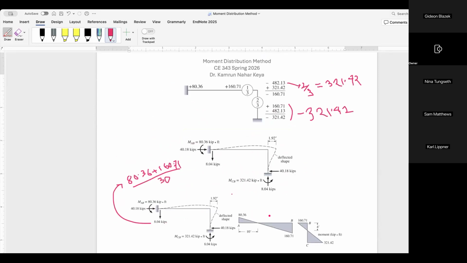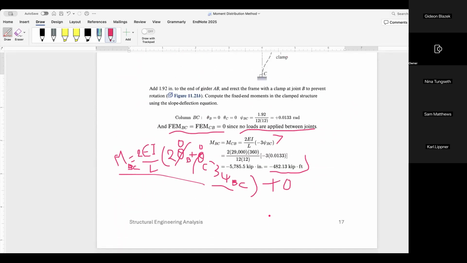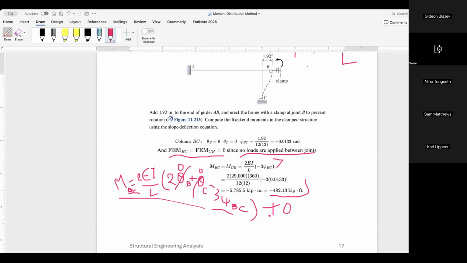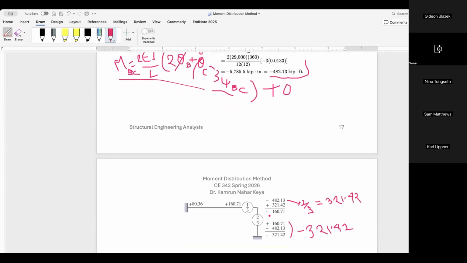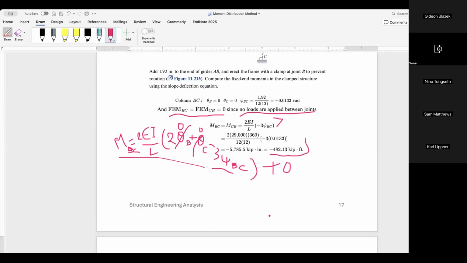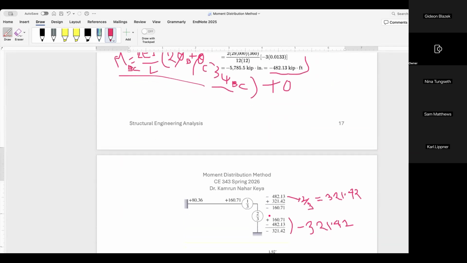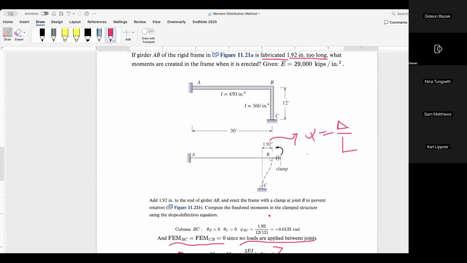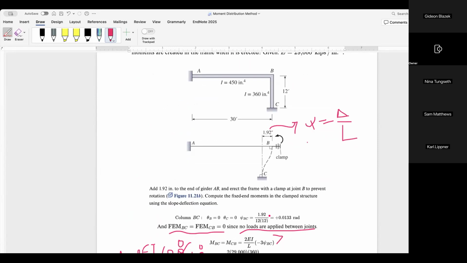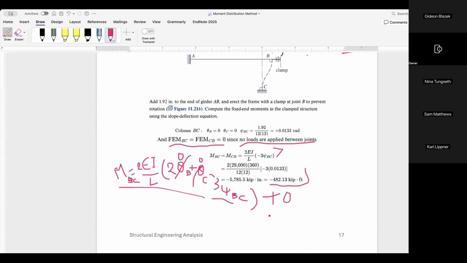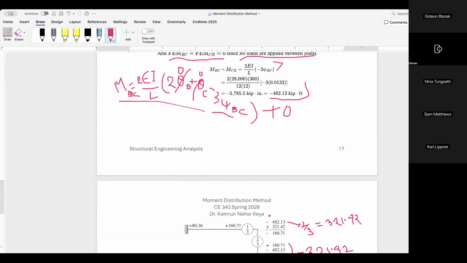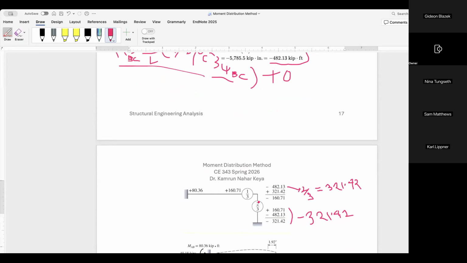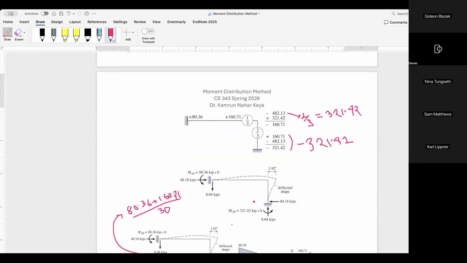And here distribution factor. Wow, I didn't add that. So again, you can compute the distribution factor the same way we did before. And then I will add it at the end of the class, then you will not get confused.